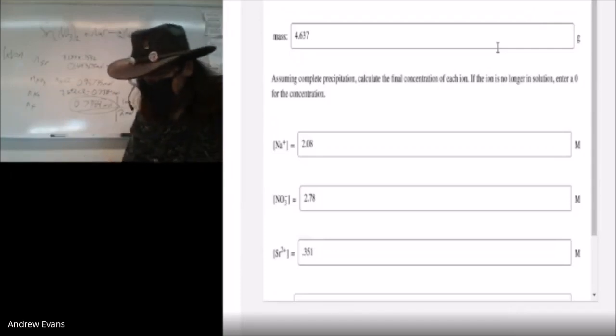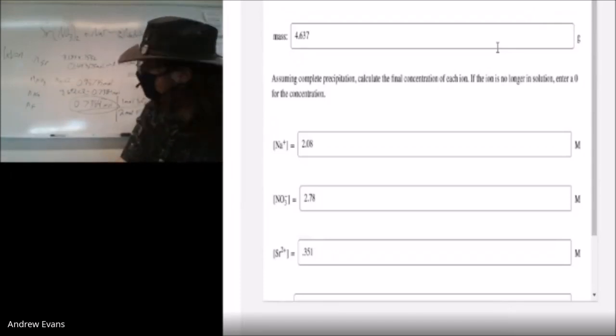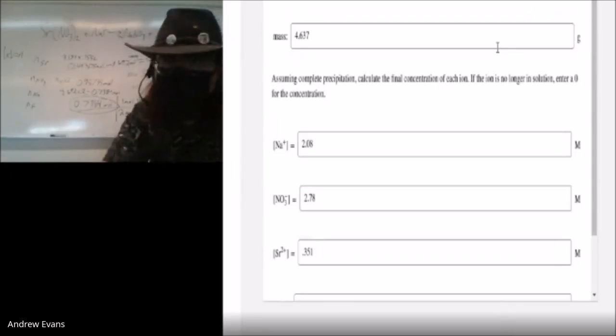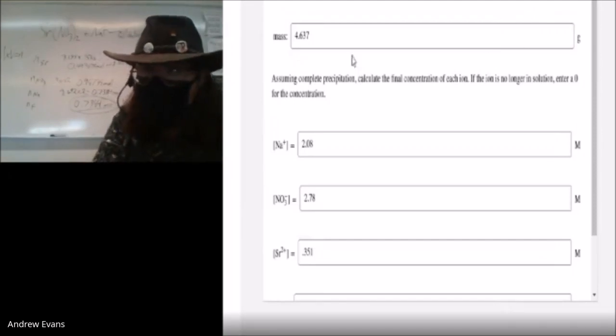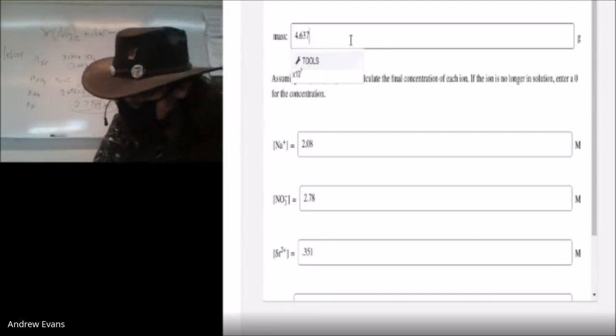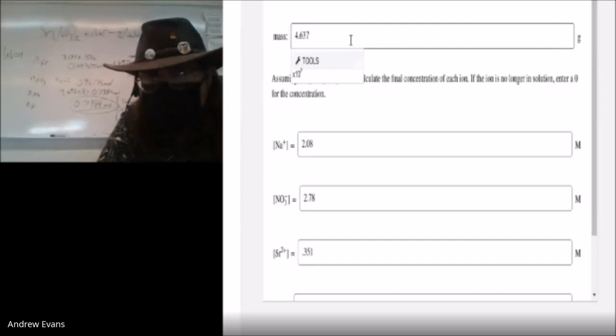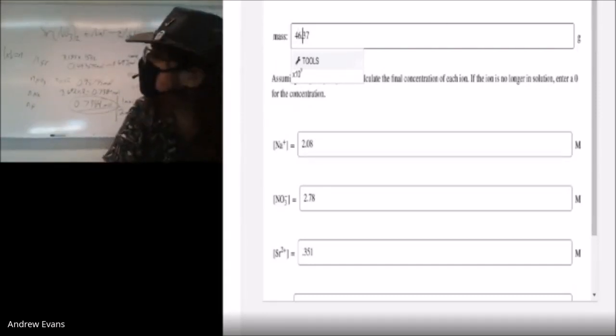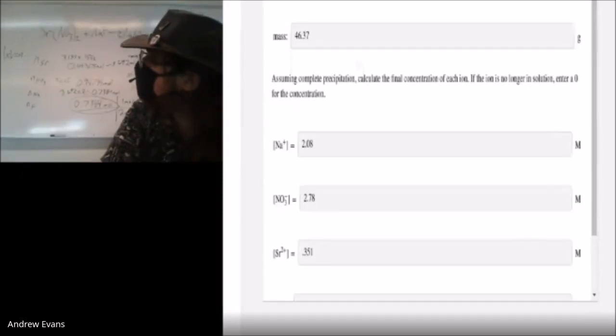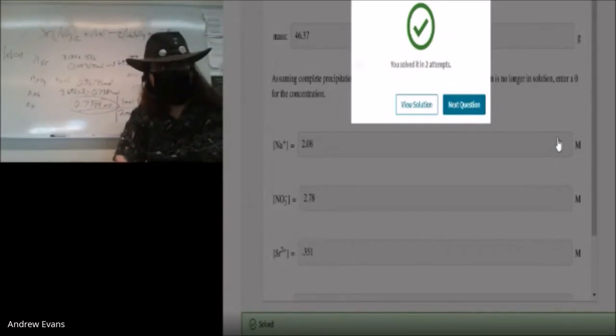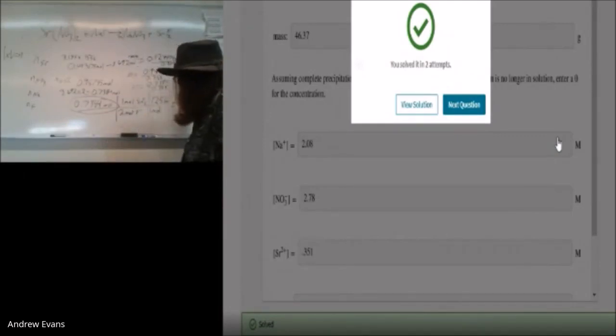Oh, that's a trick. Figured it out. That's not 4.6 grams. That's 46.37 grams. Honest mistake. Yeah. Lost a decimal somewhere.